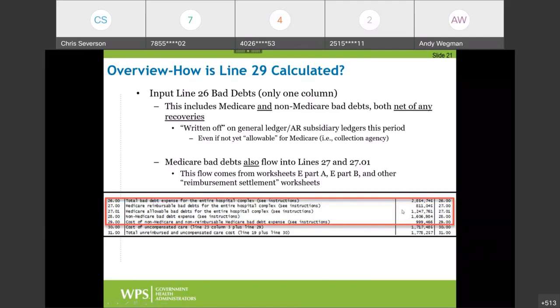So as you can see right away, there's that bit of mismatch where I just said that line 26 is all about AR write-offs, but then they're using a Medicare amount to back into a non-Medicare portion. And as you can tell, let's say this number had a lot of bad debts written off for Medicare patients, but had not yet been written off on E-Part A, then there's going to be that mismatch here.